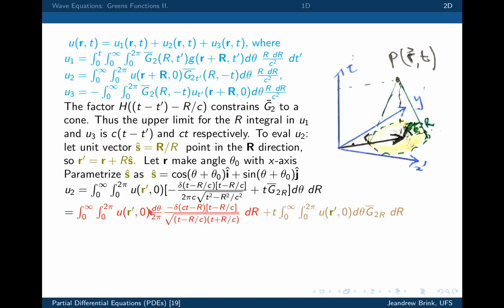And the second term we're going to leave for a bit. Here it is. It's basically t times u of r. Also, where I've rearranged it, I've also got this average value of r around the circle times g2r dr.